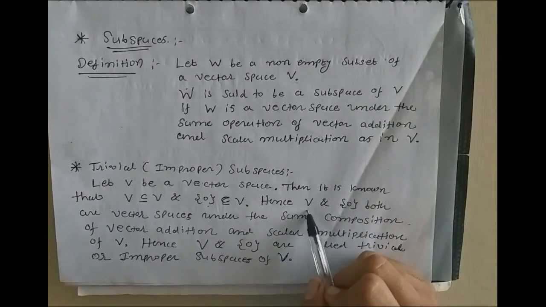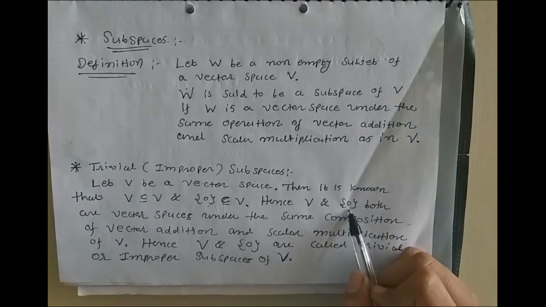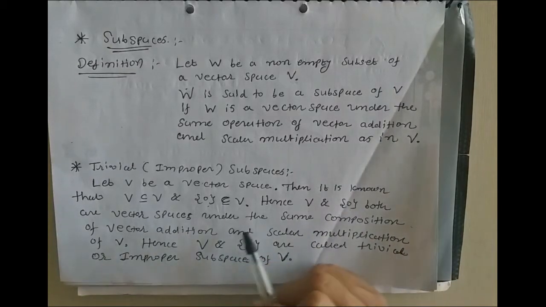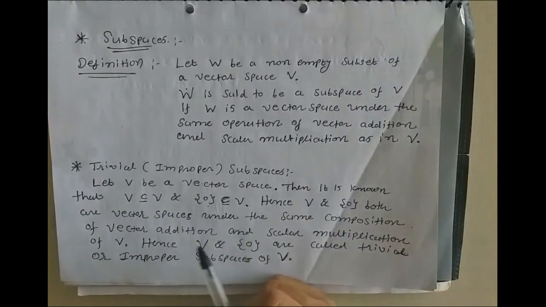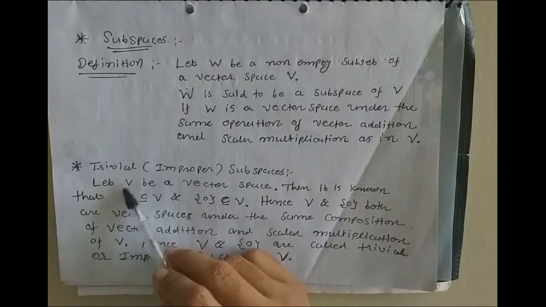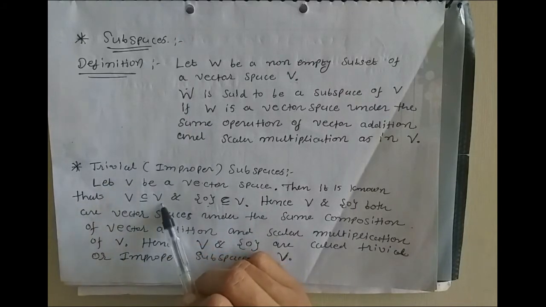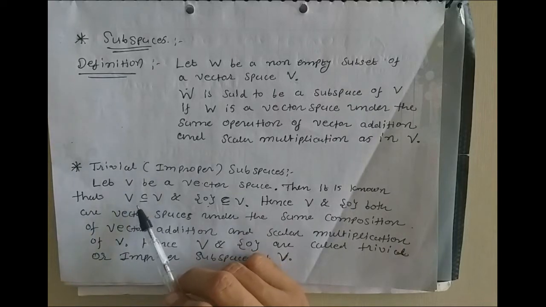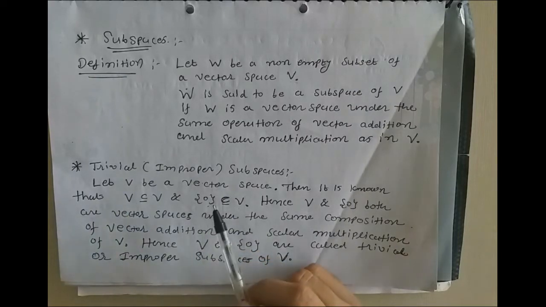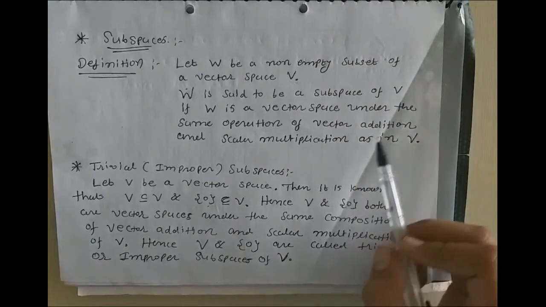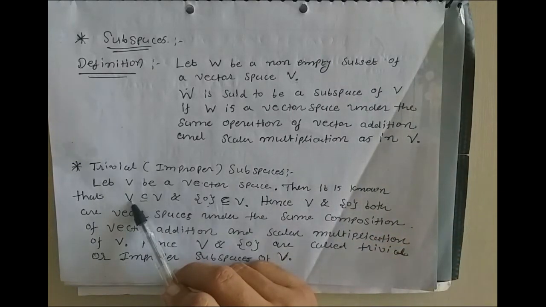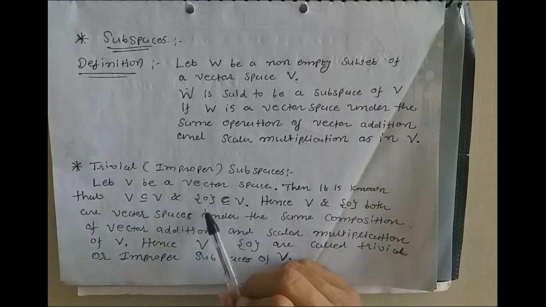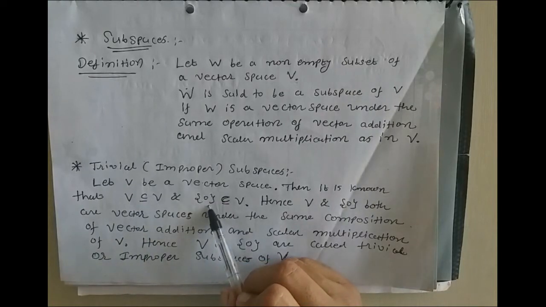That means the vector space itself and singleton 0 both are vector spaces under the same composition of vector addition and scalar multiplication of V. Now here V is the vector space and V is a subset of V. So we can say that V is a non-empty subset of V and V is a vector space under the same operations of vector addition and scalar multiplication as in V. So V is also a subspace of V. And now we consider singleton 0, the zero vector.